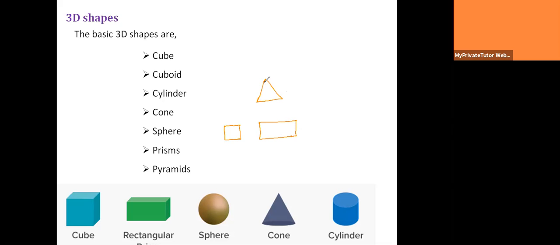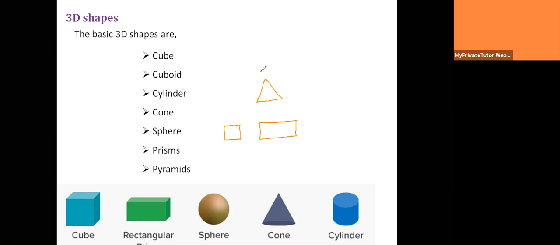So we can say hexagonal prism, pentagonal prism and so on. We'll discuss them one by one anyway. Similarly, for pyramids, we have types such as rectangular pyramid, square pyramid, triangular pyramid, and so on. That's why I simply mentioned prisms and pyramids.